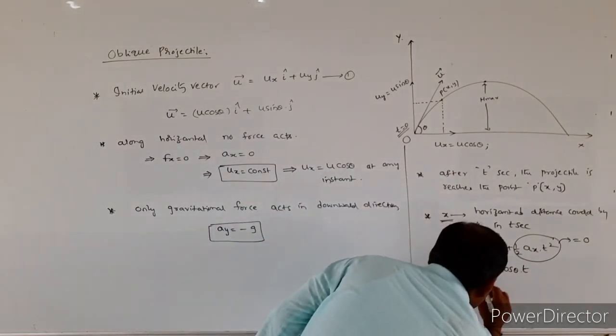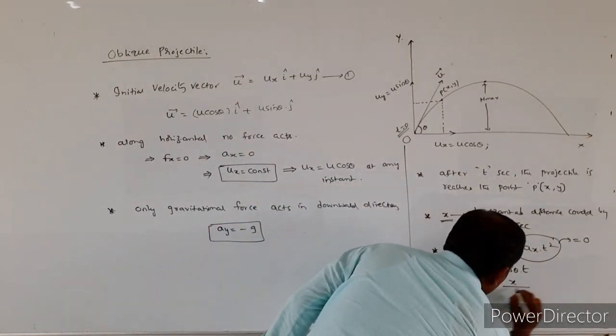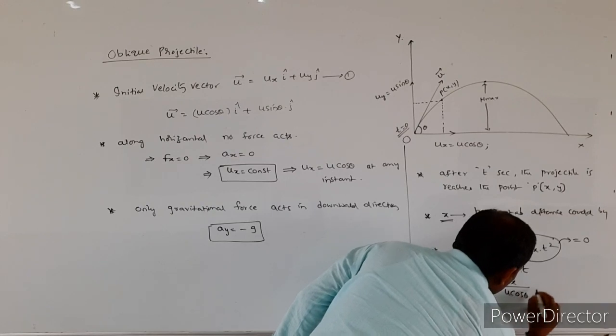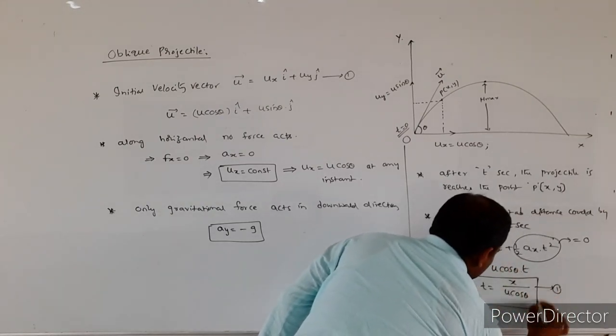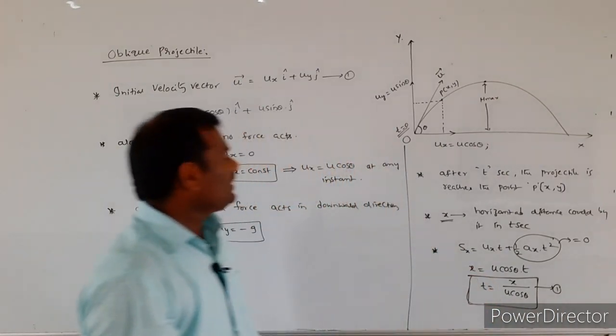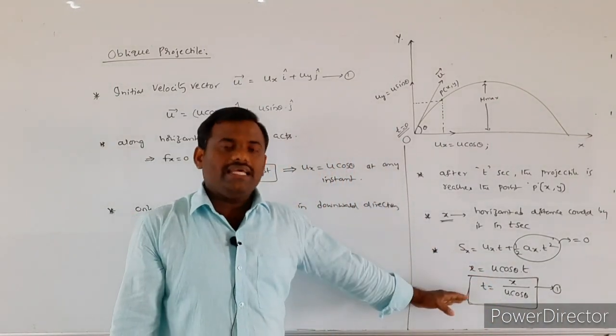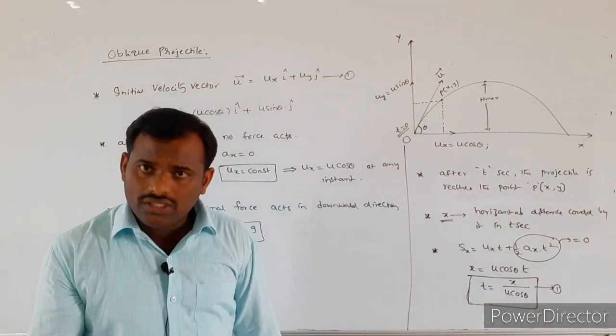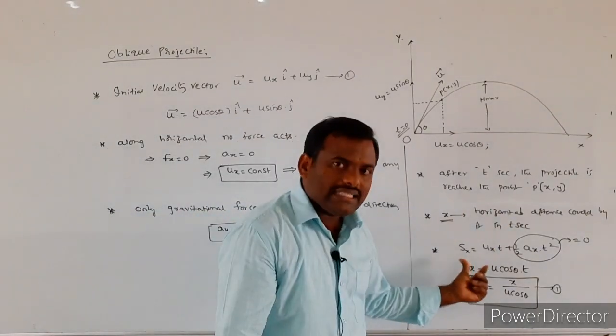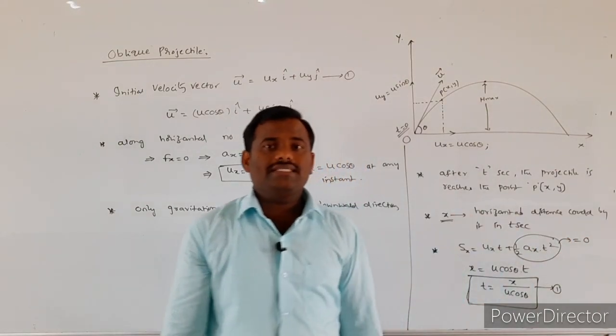From this, t is equal to x by u cos theta. Equation number 1. So I derived the expression for t: t is equal to x by u cos theta. Once again, the general displacement equation was considered.